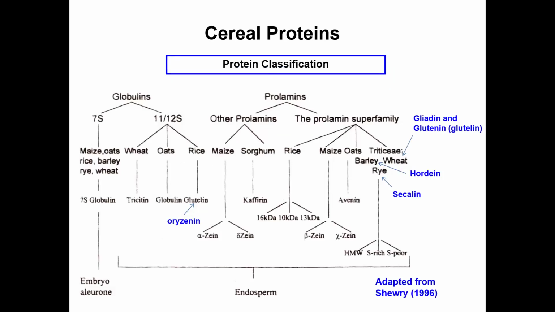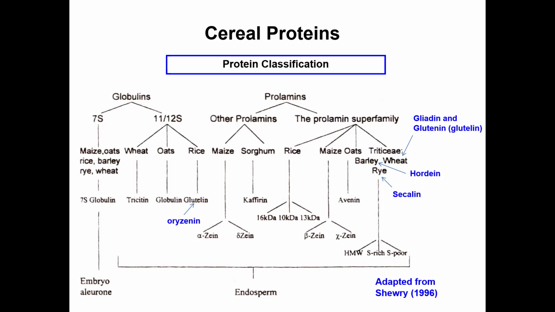So in cereals, we have 4 classes of proteins based on osmotic fractionation. What are they? Albumins, globulins, prolamins, glutelins. In literature, glutelins, like glutenin, for example, sometimes is referred to as prolamin.